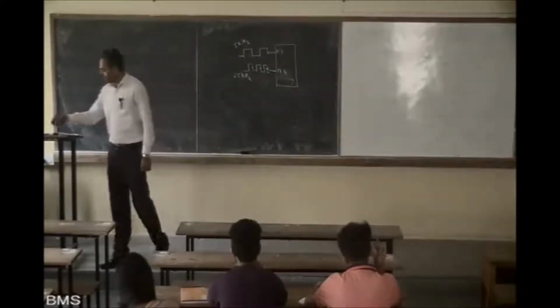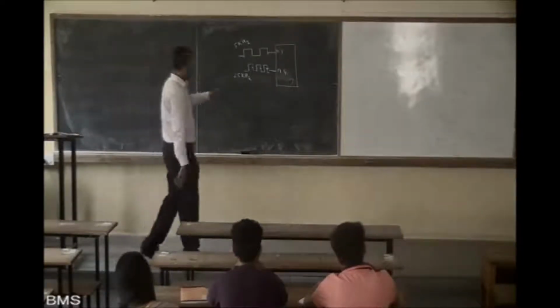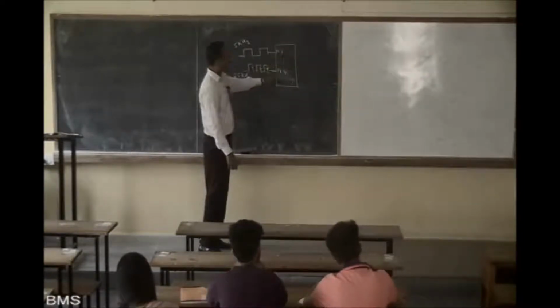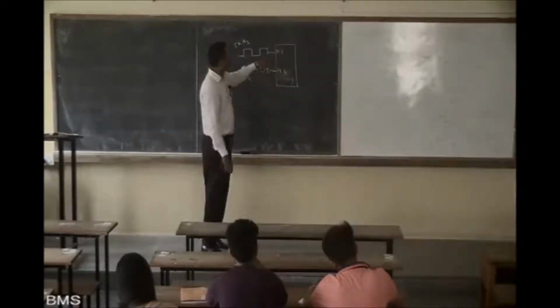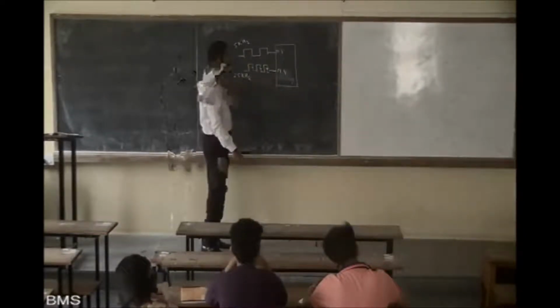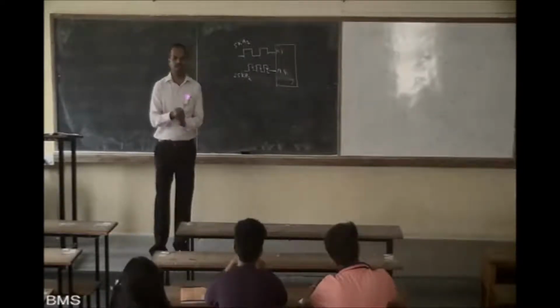How do you do this program? You have to generate two square waves, one from pin number 1.3, another from pin number 1.4. Generating these two should be simultaneous. How do we do this?